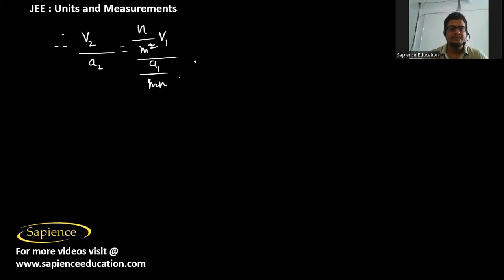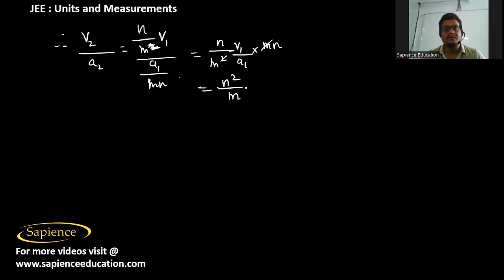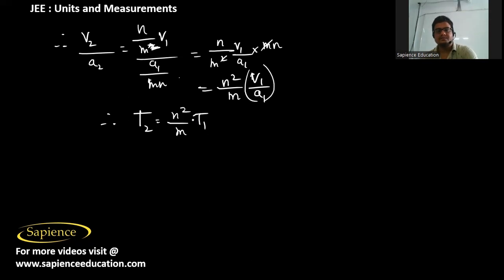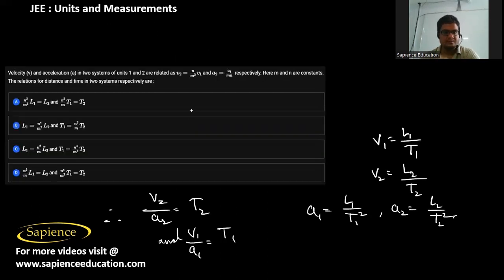That is n by m square v1 by a1 into mn. So m will cancel, and we get n square by m into v1 by a1. Therefore, T2 equals n square by m into T1.